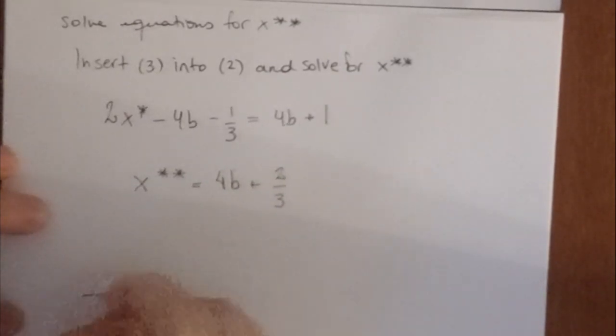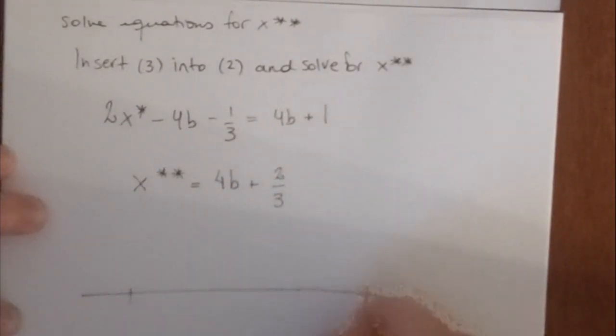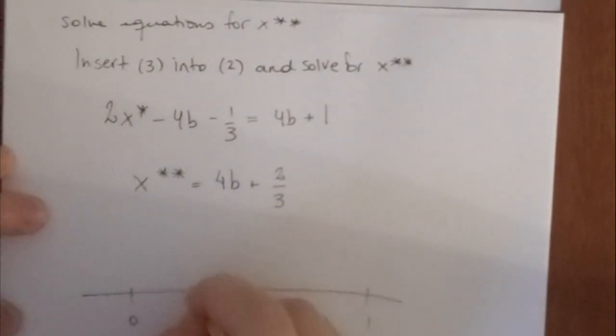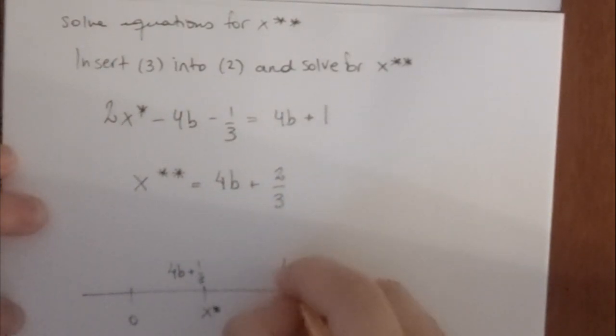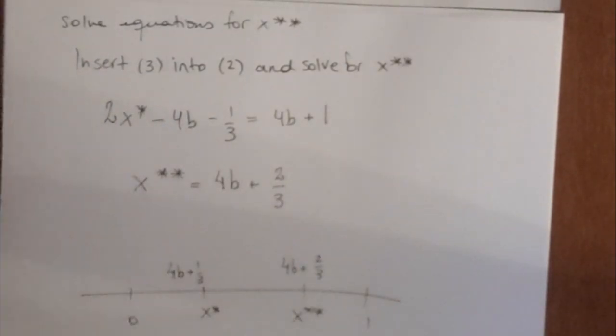Okay, so now we have 0, 1, X star, X star star. Our X star is 4B plus 1/3, and our X star star is 4B plus 2/3.